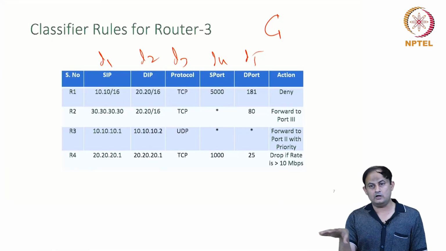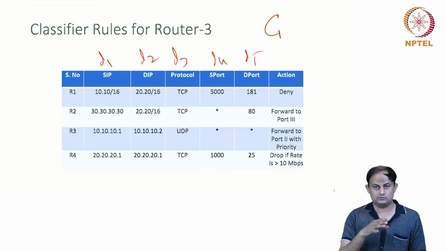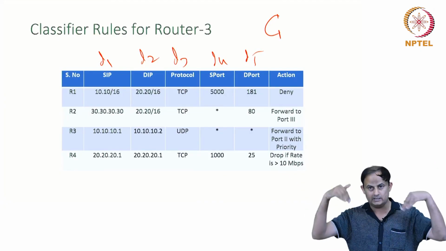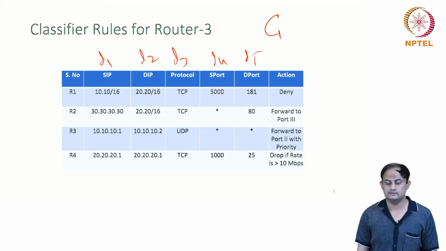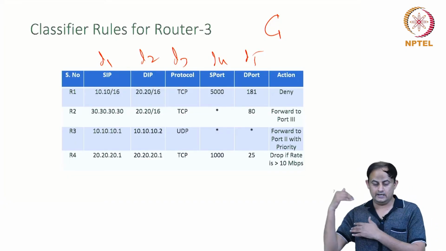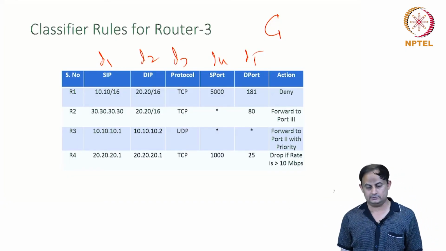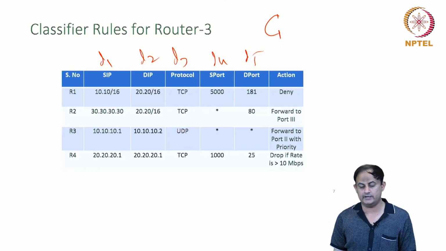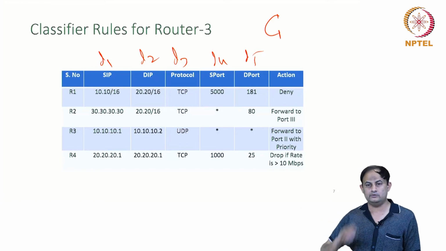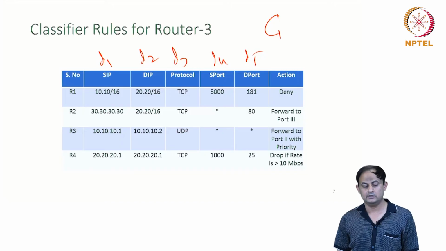If the protocol of the communication between any two entities in this series is TCP, the source port is 5000 and the destination port is 181, you should not allow this communication to happen.